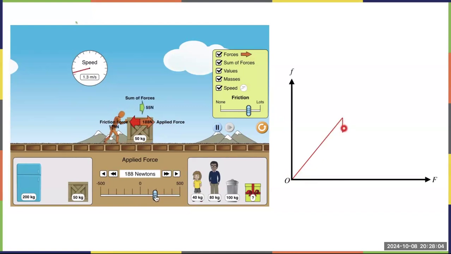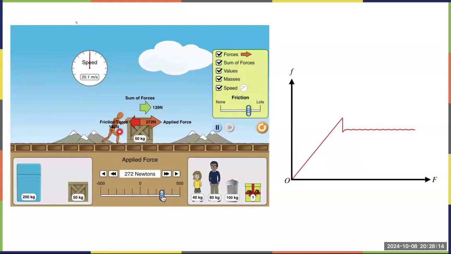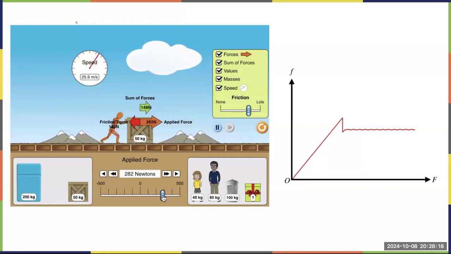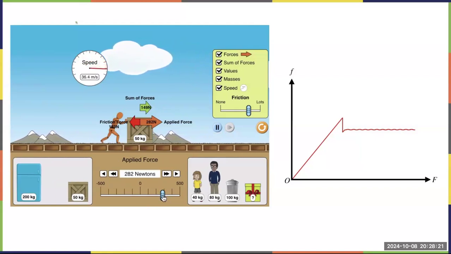Now it drops and now it starts moving. Now, what is my net force? My net force is the applied force, 262 Newton, minus this number. What is this number? 103 Newton. All right. So that's the amount of force, and here's the net amount of force. Now, if we make a plot of this applied force versus friction force, this is how it looks.